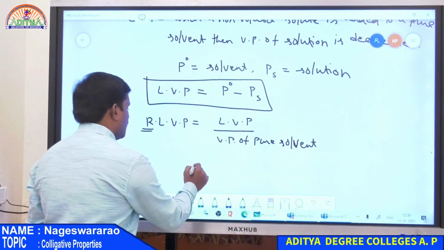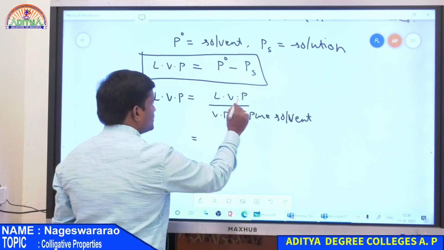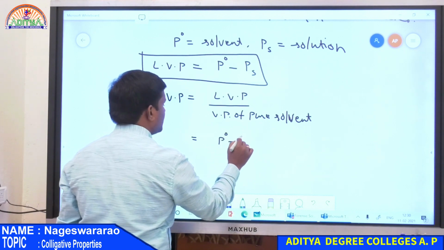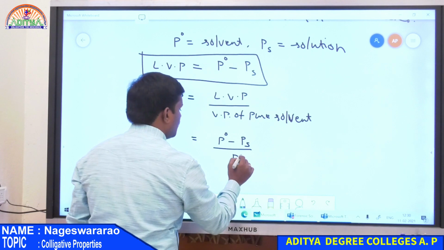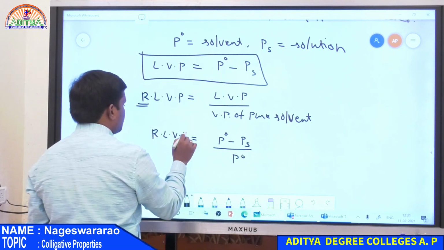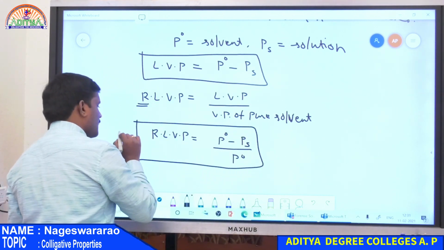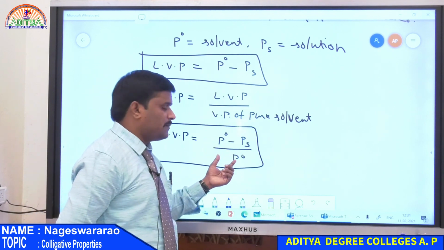So RLVP is equal to LVP, the decrease in vapor pressure, divided by P naught, the vapor pressure of the pure solvent. Therefore, RLVP is equal to P naught minus Ps divided by P naught.